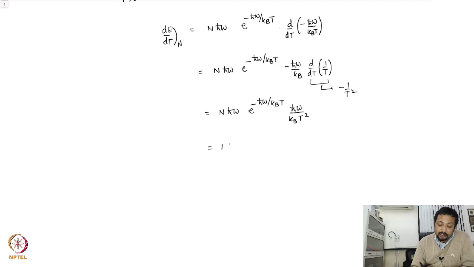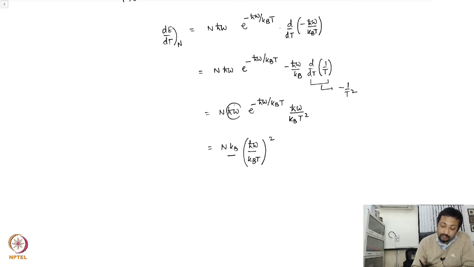Let's recast this a little bit, rearrange, multiply by kB and divide by kB, so that this kB, now I plug it over here to give me h bar omega divided by kBT whole square.